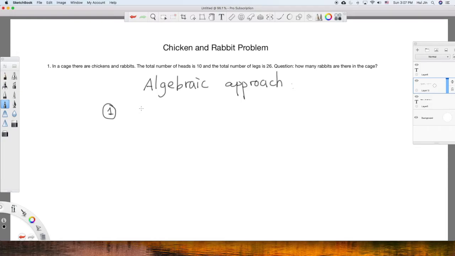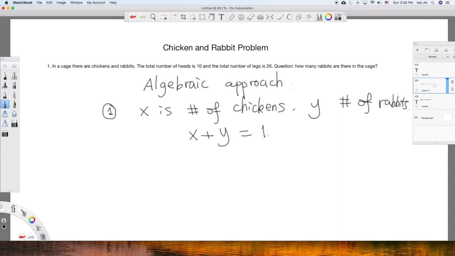Let's assume x is the number of chickens, y is the number of rabbits. So x plus y equals 10, because the total number of chickens plus rabbits is 10, the number of heads. And if you count the number of legs, it's 2 times x, because each chicken has 2, and 4 times y equals 26.